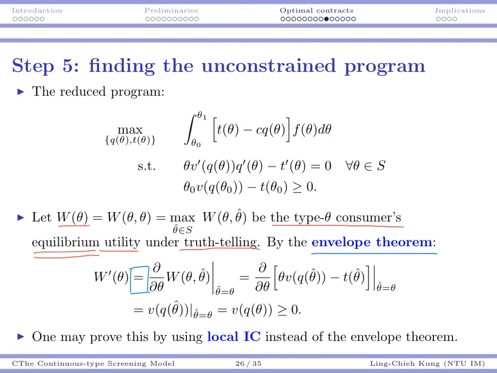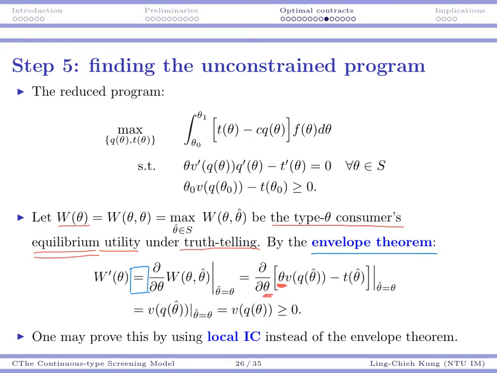So I now want to take the derivative with respect to theta, and this is my W of theta hat. If I treat theta hat as a constant, then the derivative would just be V of Q of theta hat, because the only variable is here when I take the derivative with respect to theta.